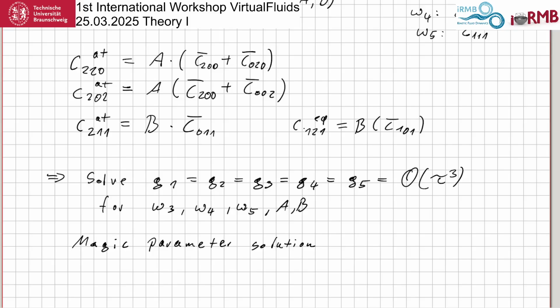To this, meaning you still have this Mach error, so it's not technically first order accurate, and you still have this error tau to the power of 3, which for the viscosities that you're mostly interested in is extremely small, but still technically it's not first order accurate.